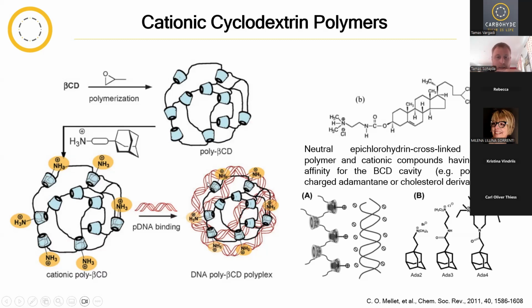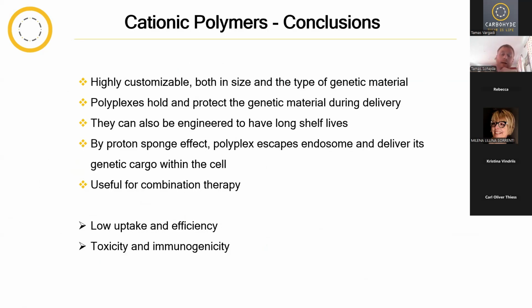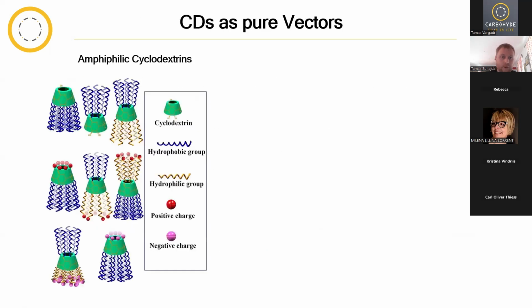Here, it's a non-covalent modification, but it's a very strong binding to the DNA itself that can deliver it to the cells. So these kinds of polyplexes have a lot of potential in the field, and we have also worked with them, but still we chose to go with the cyclodextrin monomers eventually. But they are certainly possible.